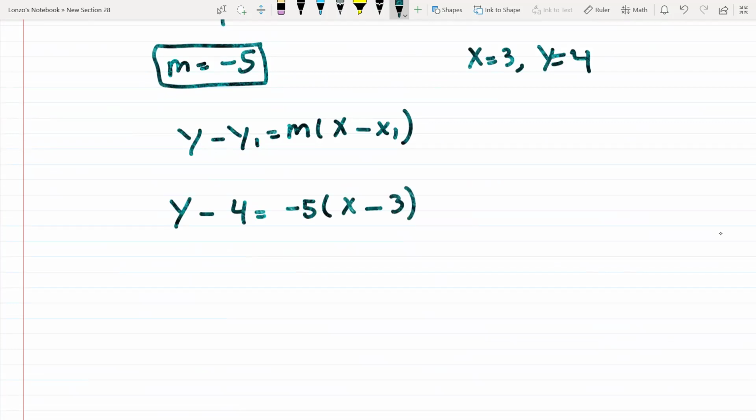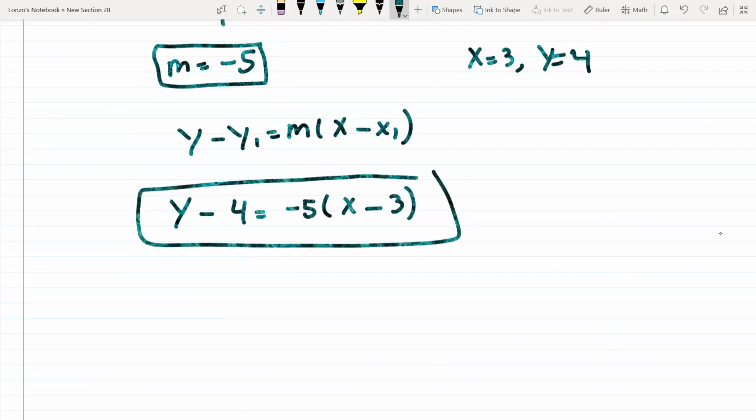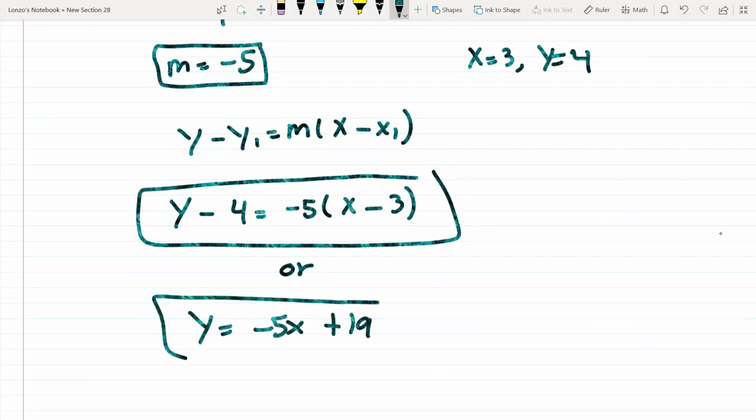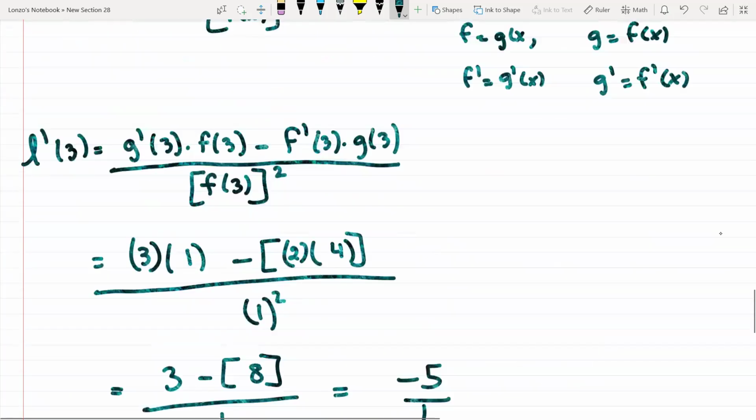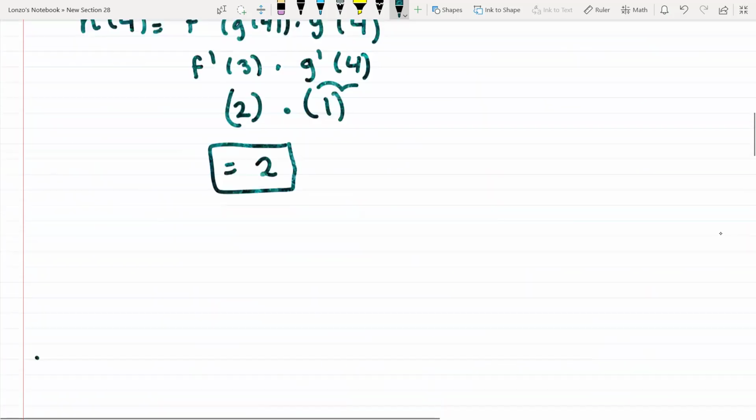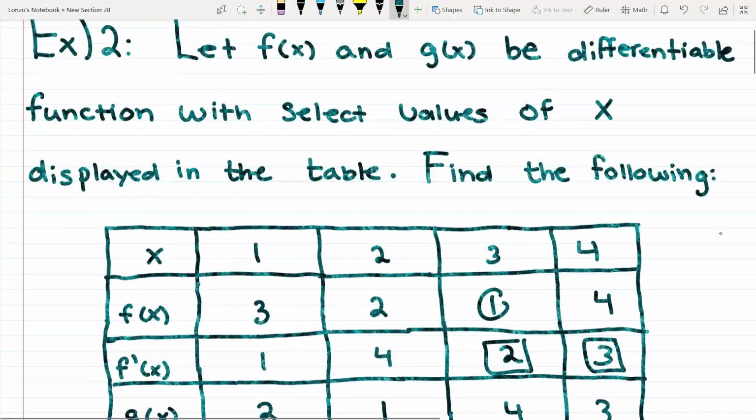Okay, you can leave your answer like that. If you actually try to solve for y, you're going to get y equals negative 5x plus 19. Either answer works. And this is example 2, finding derivatives using a chart. Okay, I will stop here.